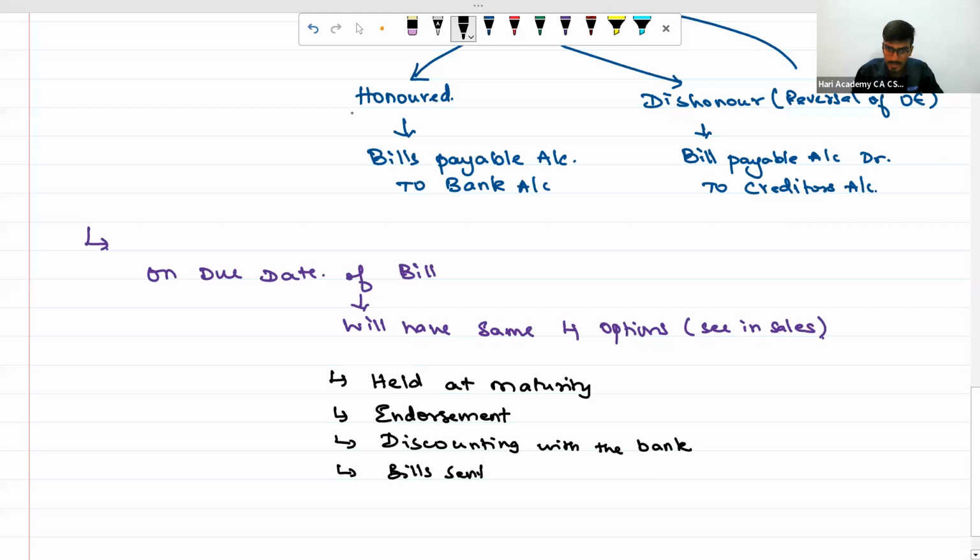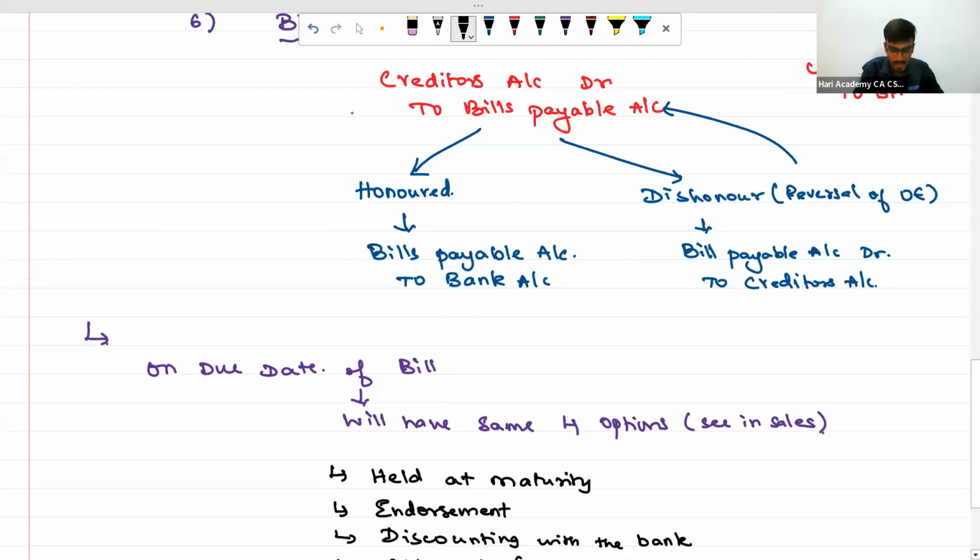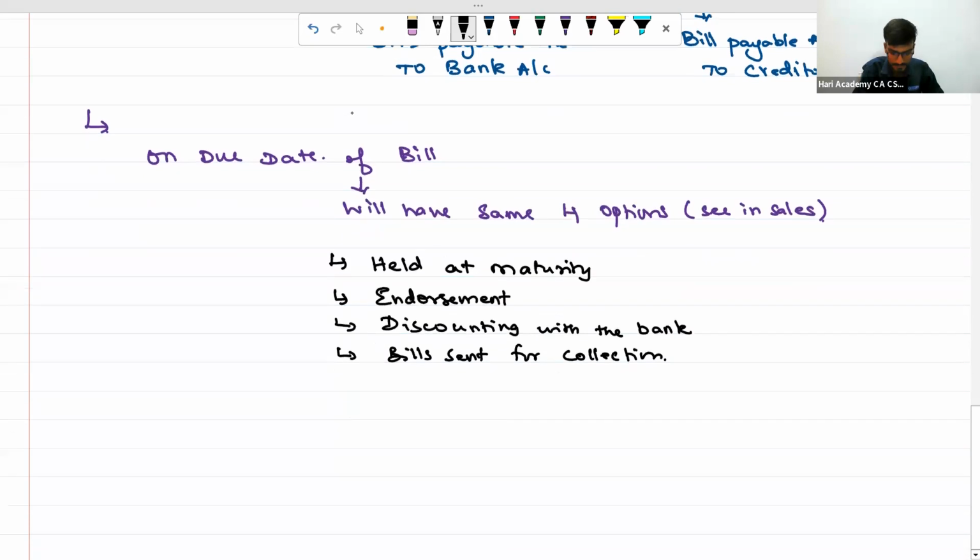Fourth is bills sent for collection. Here, the mutual set of entries will be like this: the debtors account, debtor to creditors account will be there.